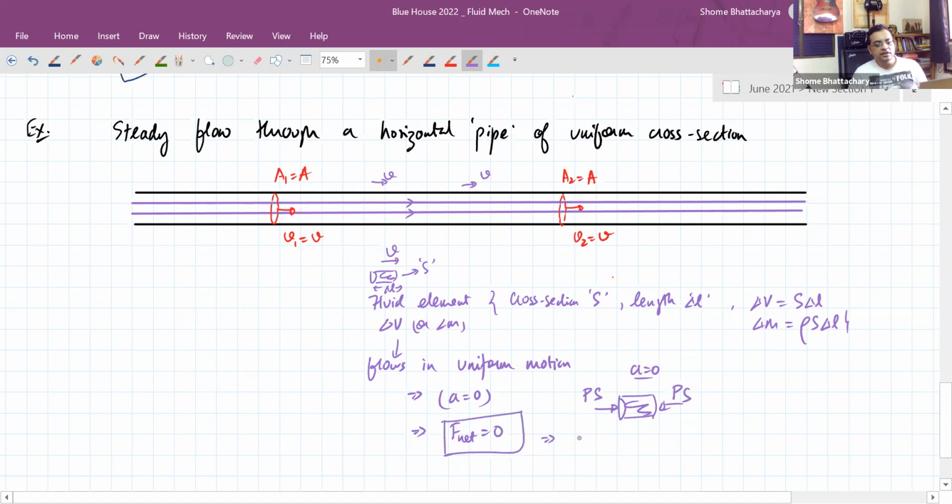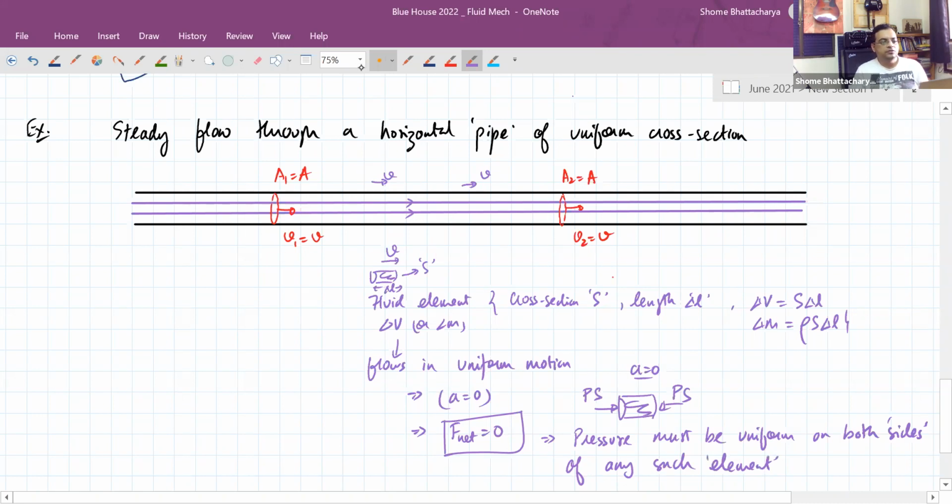So this implies that pressure must be uniform on both sides of any such element.